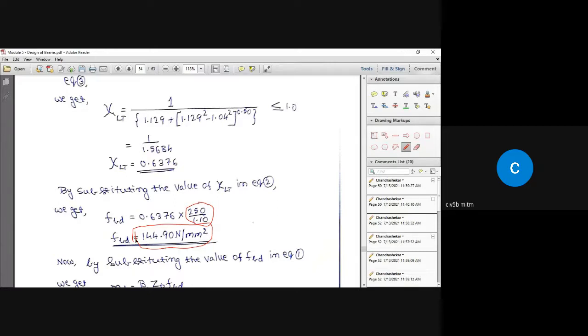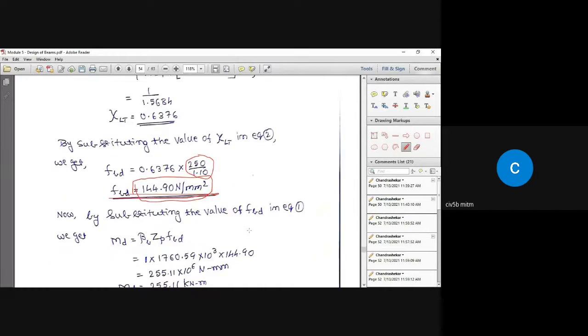Because we are taking an FBD value less than Fy divided by gamma MO, obviously we need a higher section to take care of the given design moment. That is the reason, if you remember, we increased the ZP value by 50% to account for lateral torsional buckling. Is it clear to you?